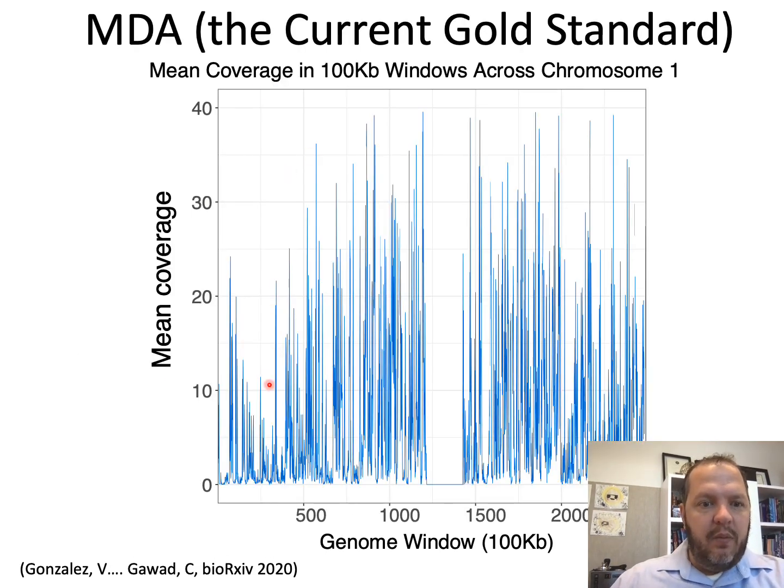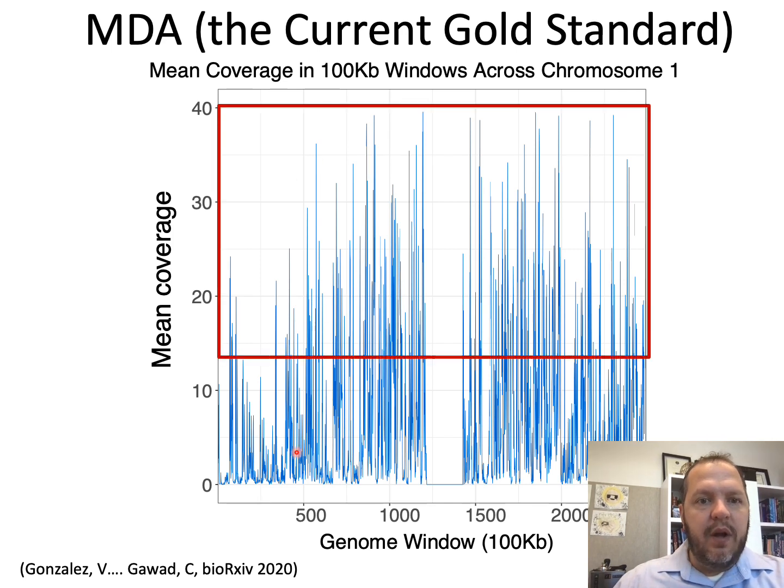And so what this looks like across the genome, so this is scMDA, and this is walking across chromosome 1. This is the centromere that doesn't get amplified very well. But again, you see these big spikes and valleys, so areas of high coverage and areas of low coverage.